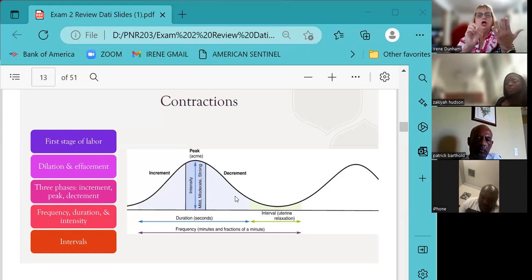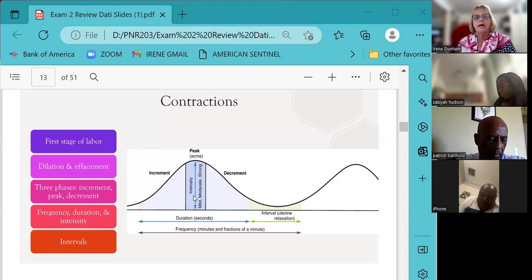Okay, so we went over frequency and duration and the breathing pattern that happens during a contraction. All this, guys, and I know I have some men here, all this a woman needs to go through in order to open up that cervix, efface the cervix, and dilate.